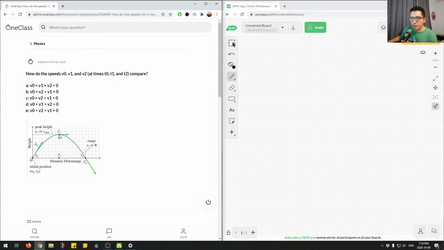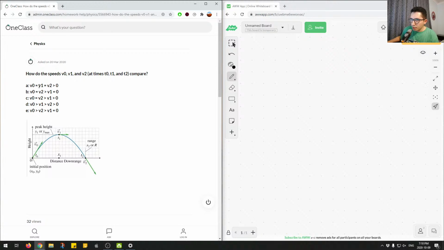Then as it goes down, the speed accelerates, and the potential energy is converted back to kinetic energy. And we can see here the speed at point 1 is only in the x direction, because the acceleration is mostly in the y-axis, upward and downward, due to the force of gravity.